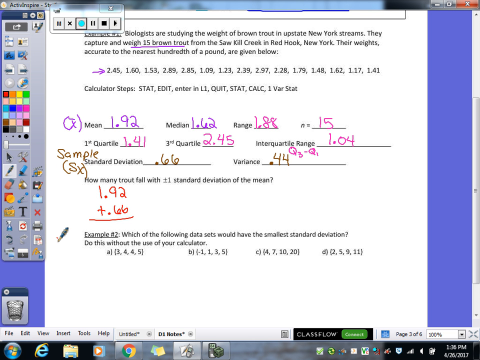So 1.92 plus 0.66 gives us 2.58, hopefully is what you got. So at 1 standard deviation above the mean, the weight of a trout is 2.58. We also need 1 standard deviation below the mean, so we would subtract it. So 1.92 minus 0.66 gives us what?